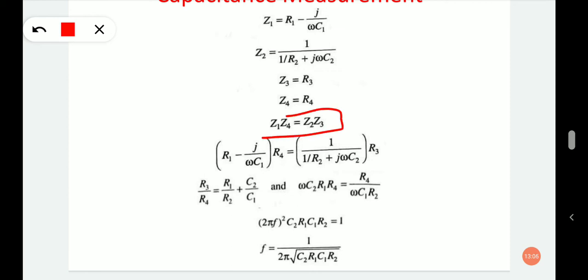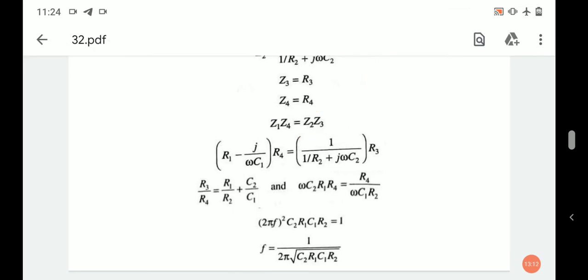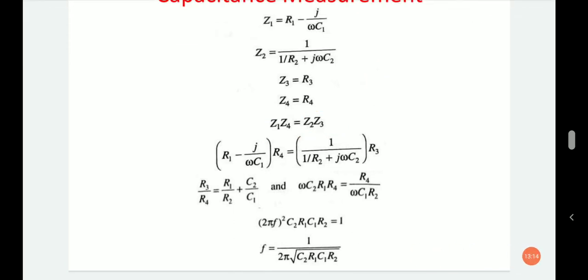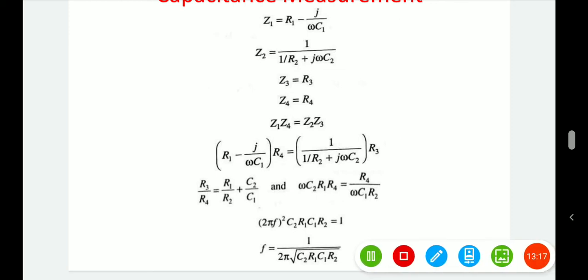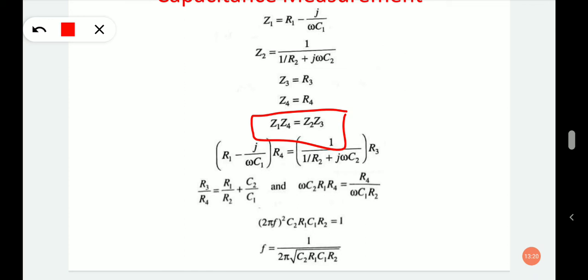So in this balance condition equation, Z1 Z4 equals Z2 Z3, we will substitute these values, so we will get (R1 minus j upon omega C1) into R4 equals 1 upon (R2 plus j omega C2)... into R3.